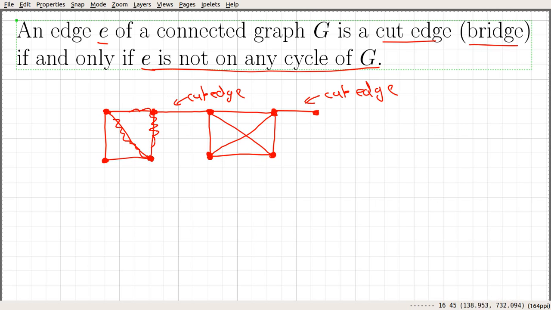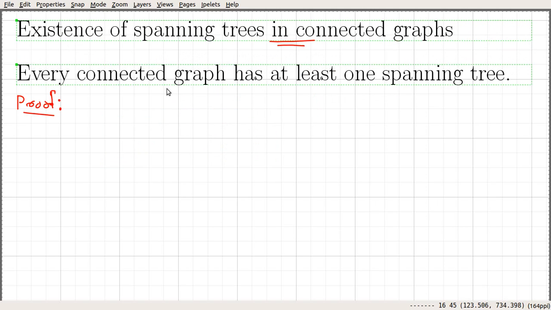One such cycle is this one, another is this one, and here again we have many cycles, this one, this one, and so forth. If you look into any cycle, it is not going to contain these cut edges. Anyway, we will prove this statement in some later video. We are going to use that here, that's why I mentioned it.